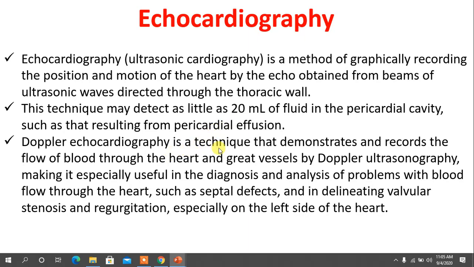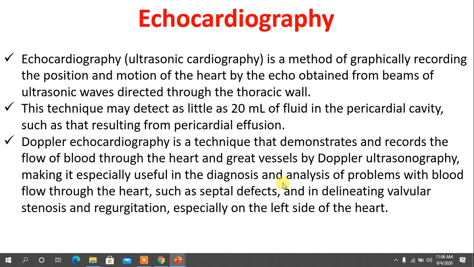Doppler echocardiography demonstrates and records the flow of blood through the heart and great vessels by Doppler ultrasonography, making it especially useful in the diagnosis and analysis of problems with blood flow through the heart, such as septal defects, valvular defects, and especially on the left side of the heart.